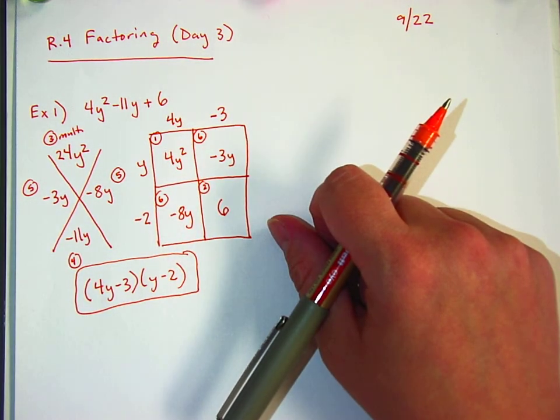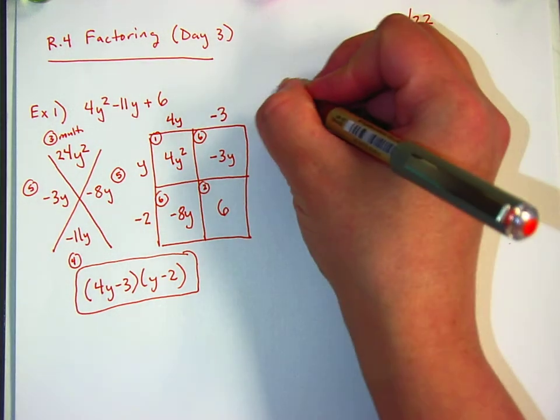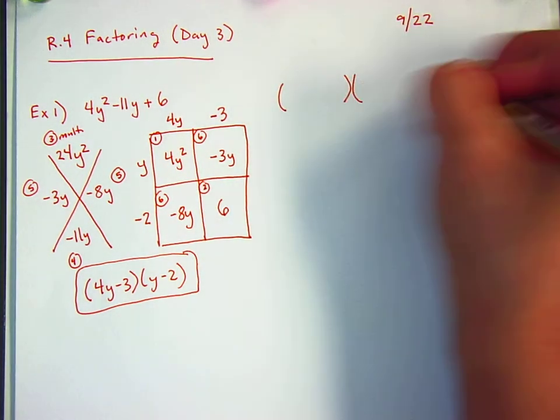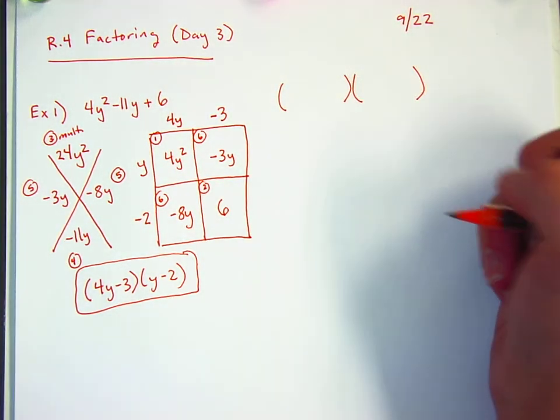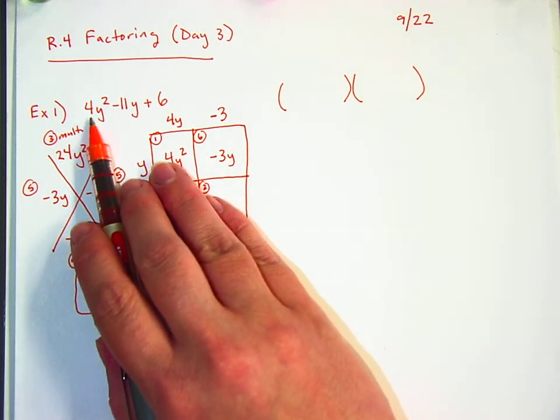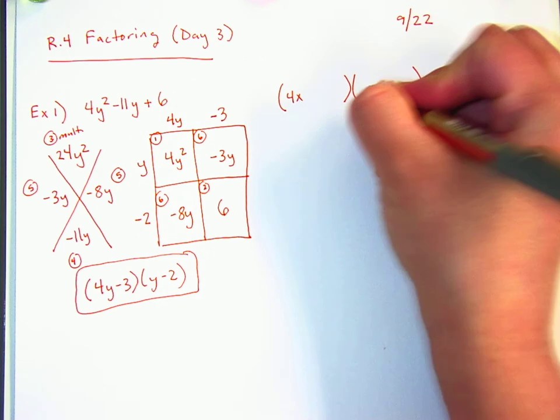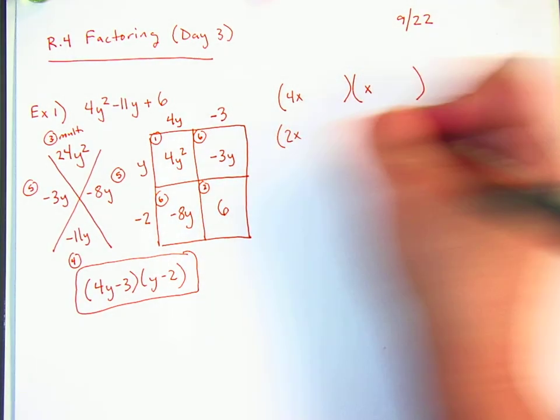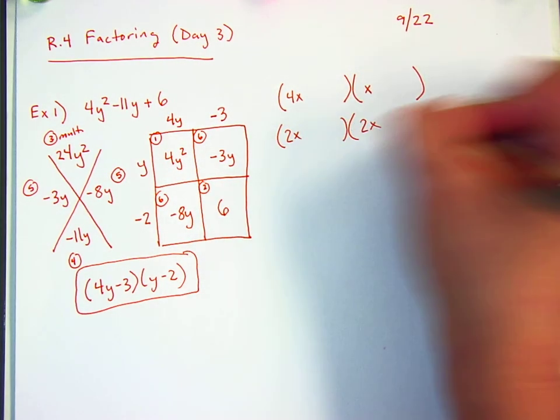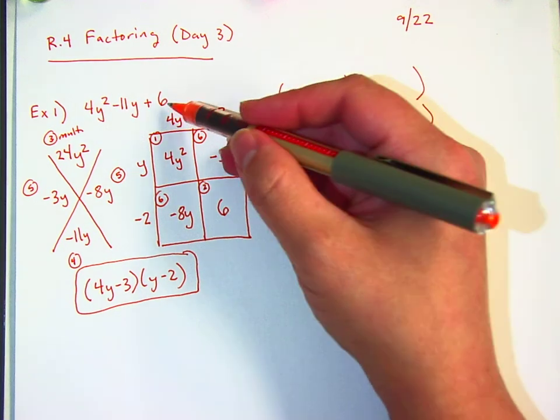There is no guessing. A lot of other teachers teach it this way, where they basically have you write 2 parentheses, and then you try to think of 2 things that multiply to get to 4y squared. So you could have like 4y and 1y, or I guess you could have 2y and 2y. And then you'd have to think of things that multiply to get 6.